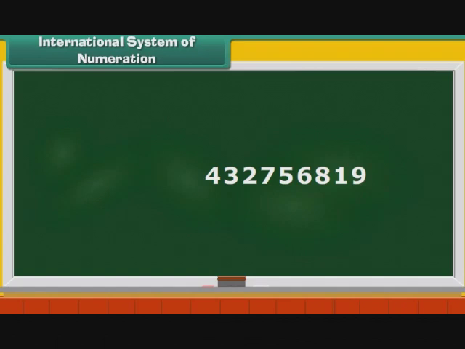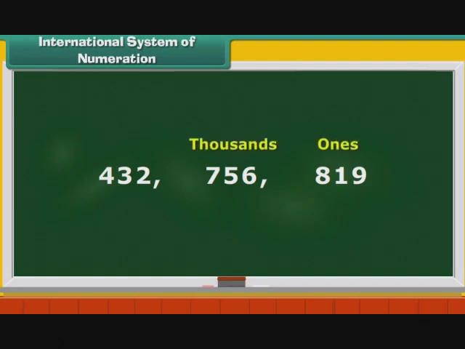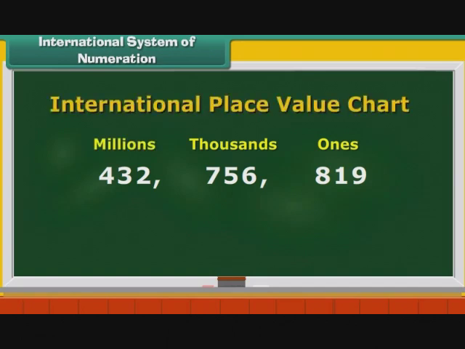We count three digits from the right and place a comma before 8. Then we count three more digits and place a comma before 7. Thus, we have three groups: ones, thousands, and millions. This is the International Place Value Chart.